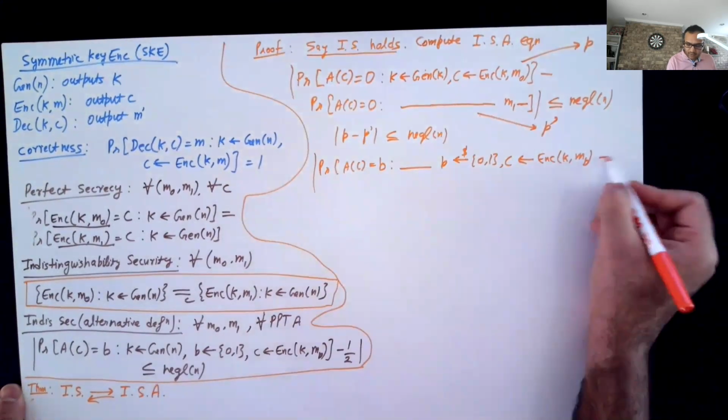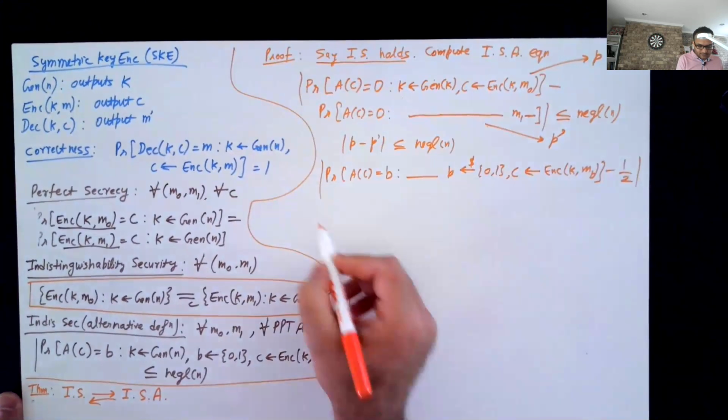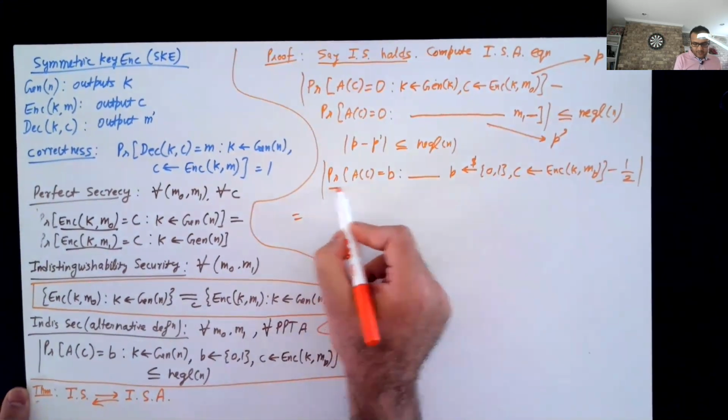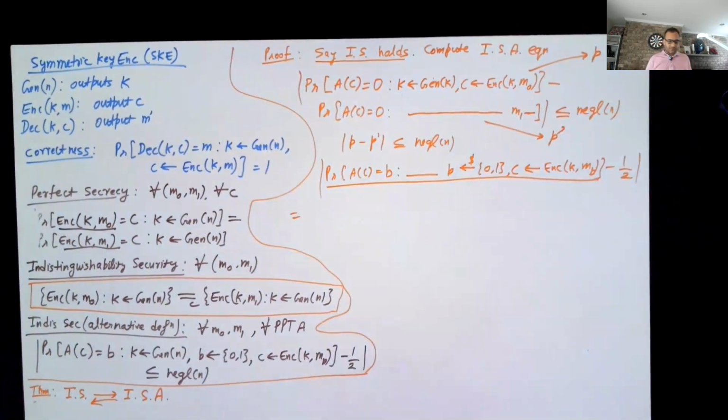So we want to compute this minus half. And now we can divide this into two parts: part 1 is when B was 0, part 2 is when B was 1.